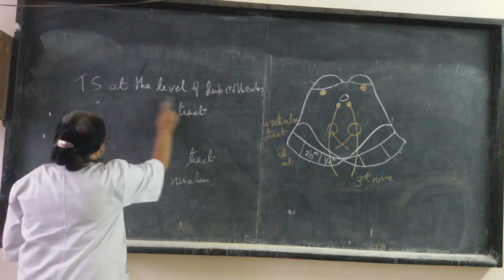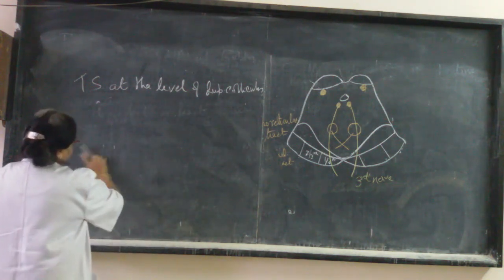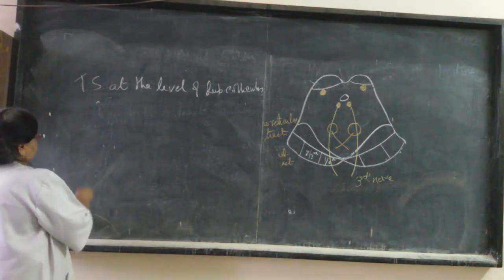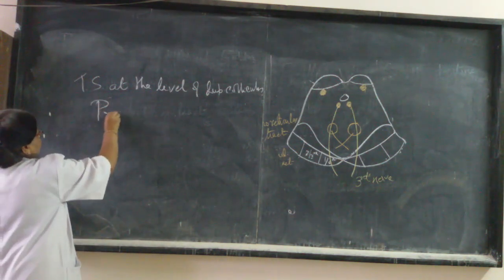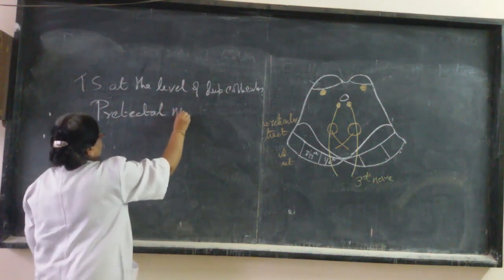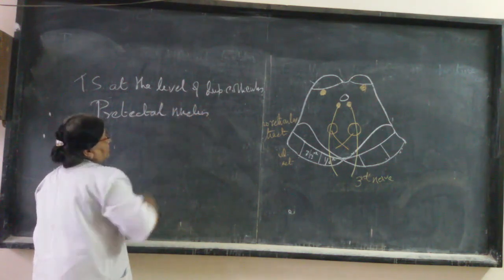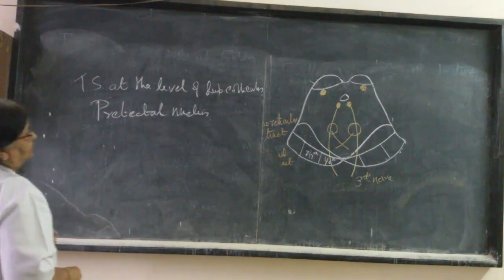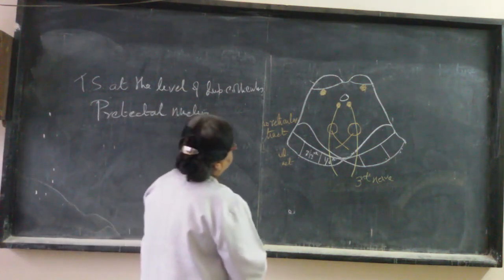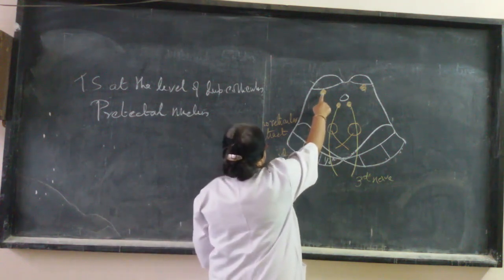Then the pretectal nucleus. This is a mass of grey matter situated ventral to the superior colliculus.